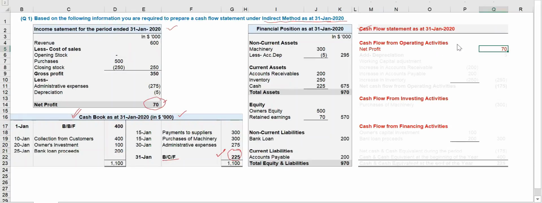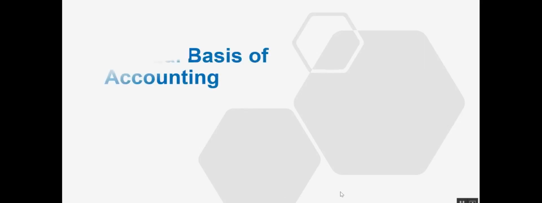Now this 70,000 net profit, is this the actual cash profit? It is not. As we can see, some non-cash items are also included in this 70,000. The depreciation is also included. It's a non-cash item. And also, we prepare the income statement on an accrual basis.